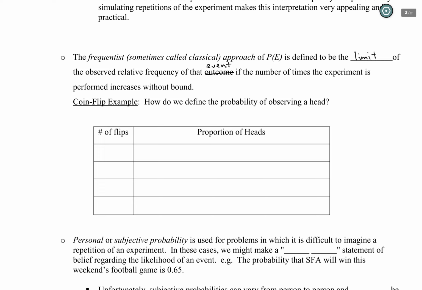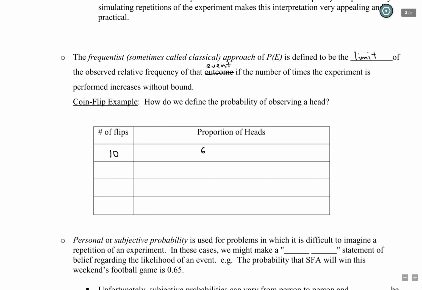So here's coming back to this coin flip example. How do we define or interpret the probability of observing a head? You may have a coin in your pocket, and if you do, take it out and flip it 10 times. So you're going to want to hit the pause button. If you flipped it 10 times, you're going to get a proportion.